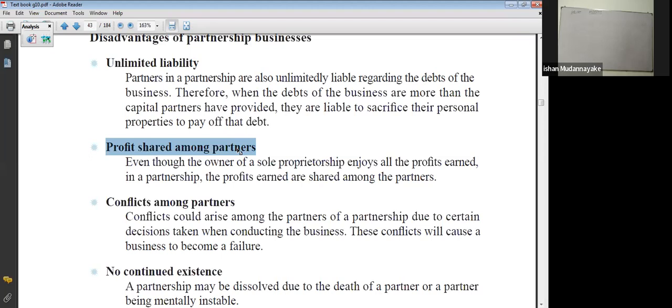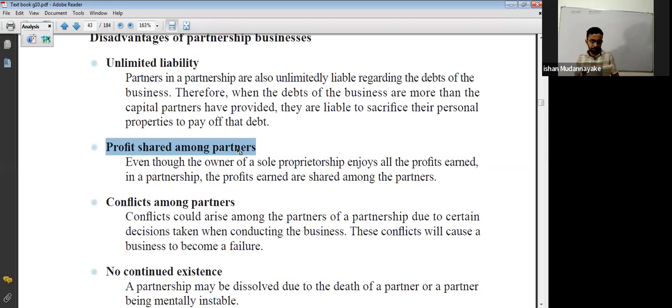If five partners are there, the profit needs to be divided by five, and each partner will receive a part of the profit. That is one disadvantage.